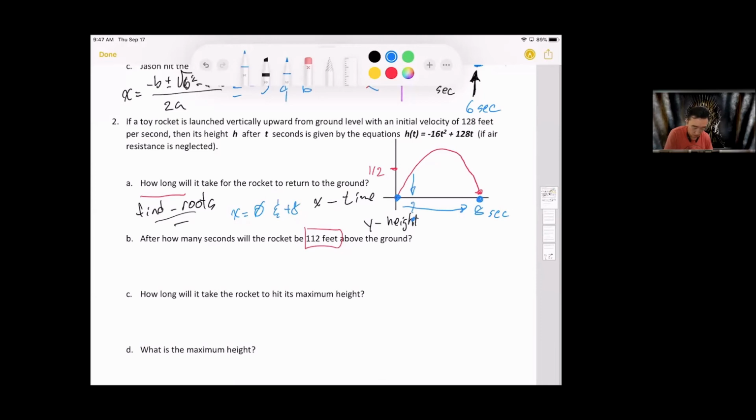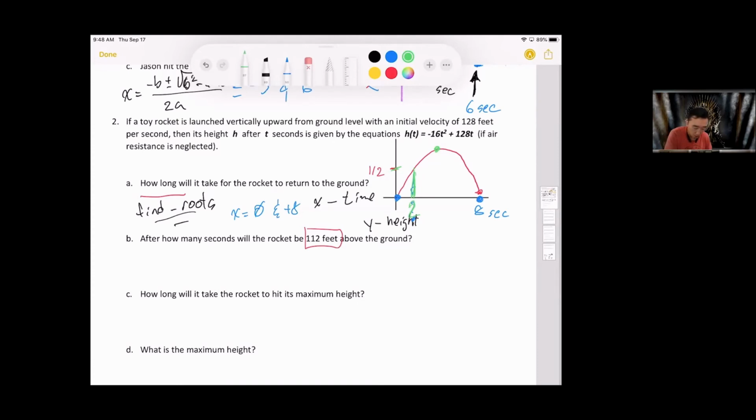I said it's less than 1 because it's going 128 feet per second. So in a matter of 8 seconds, well, it should be really close to 1 second. We'll see. I don't know what this is, but let's say that this is 128, and I want to know how many seconds it takes to get to 112.